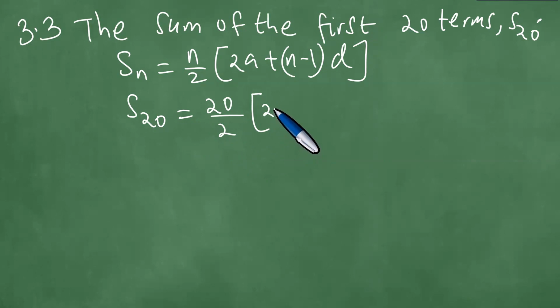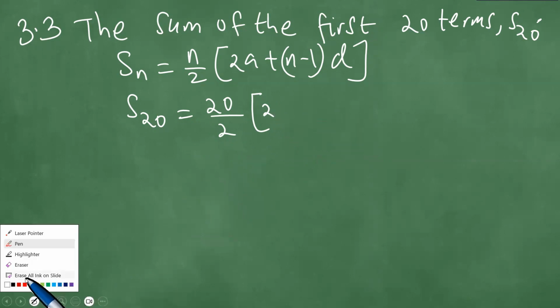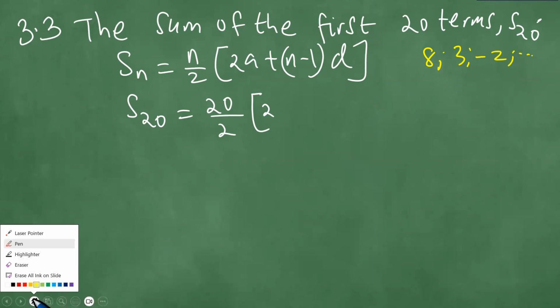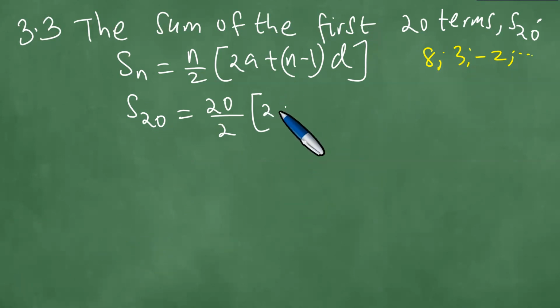What is the first term? At this point, we need to remember a couple of things. With 8, 3, minus 2 as the sequence, A is the first term, 8.